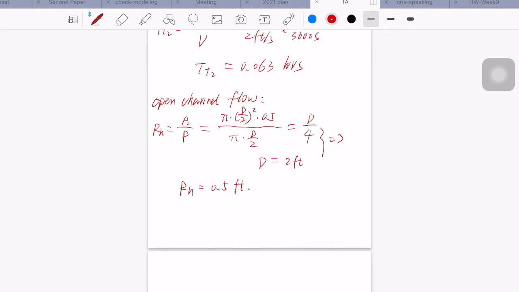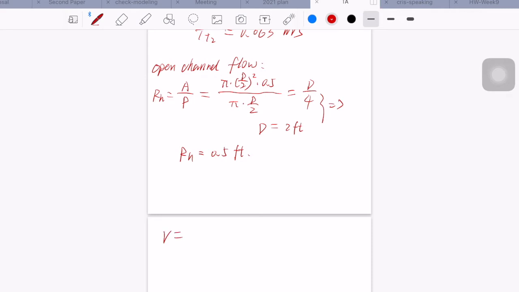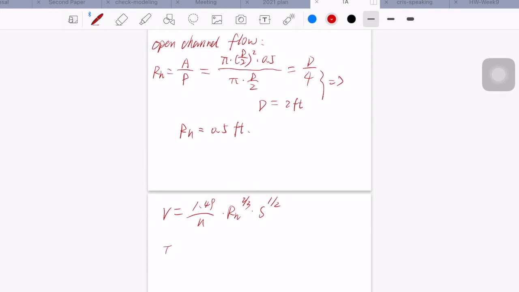And based on Manning's equation for the British unit, V should be equal to 1.49 over n times RH to the power of 2 over 3 times S to the power of 1 over 2. And based on table 11.10 in the textbook, for the concrete pipe, n should be equal to 0.013.